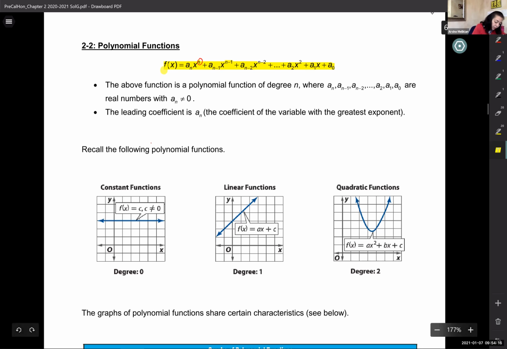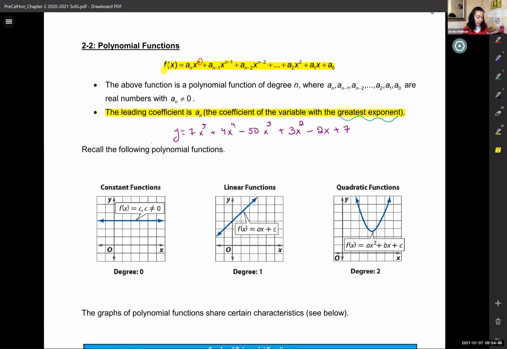The leading coefficient is a_n, and that's the coefficient of the variable with the greatest exponent. So for example, an example of a polynomial function could be 7x to the 5 plus 4x to the 4 minus 50x cubed plus 3x squared minus 2x plus 7. Okay, that's a polynomial function.